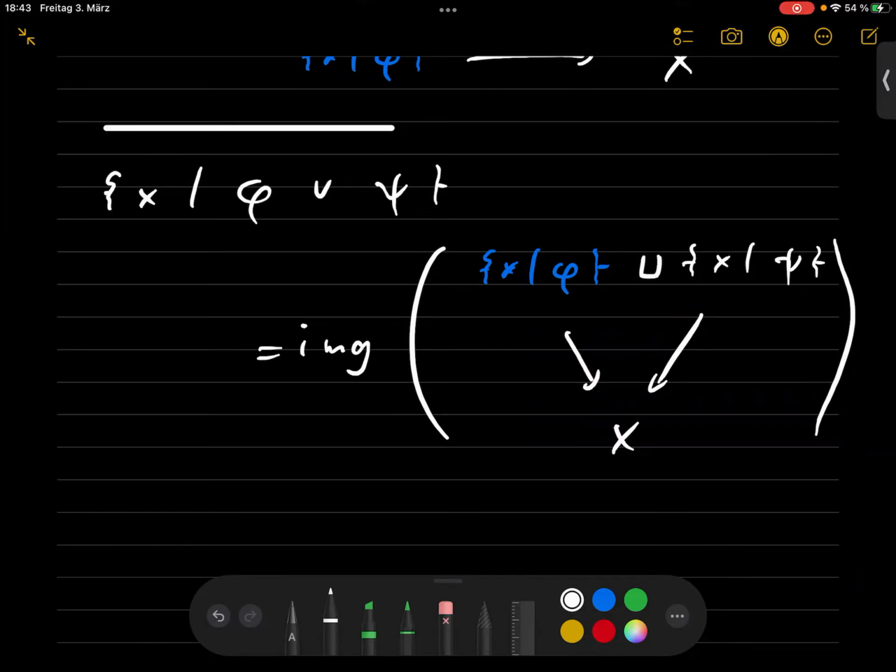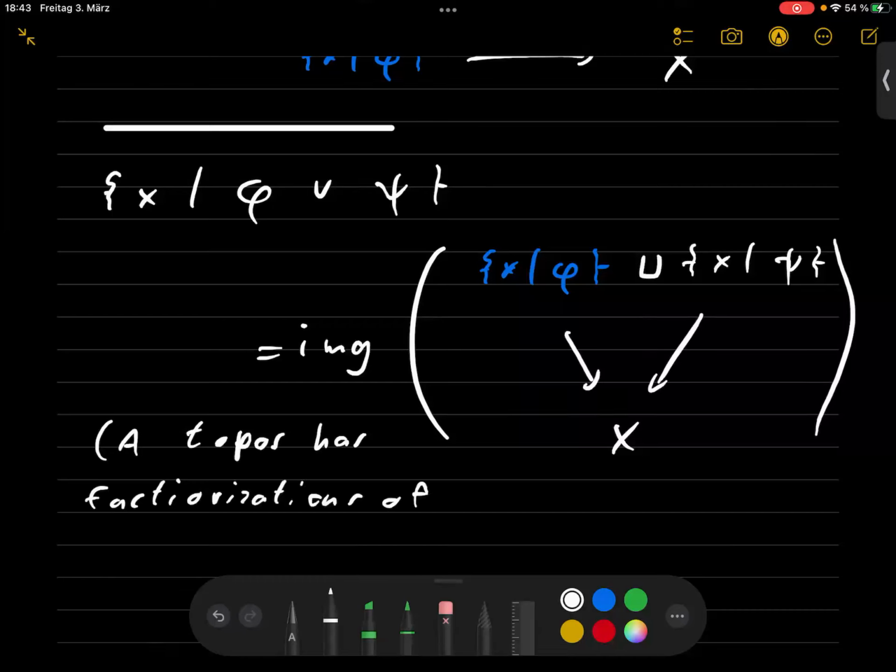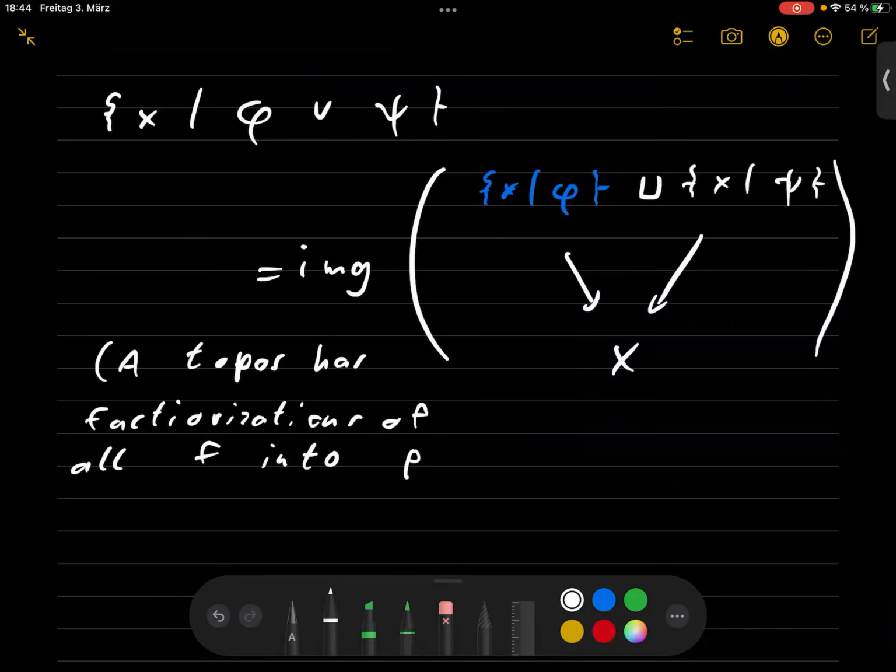And then in the topos, there is an image factorization, as factorizations of all morphisms f into IP, where f equals IP, where I is mono and P is an epimorphism.